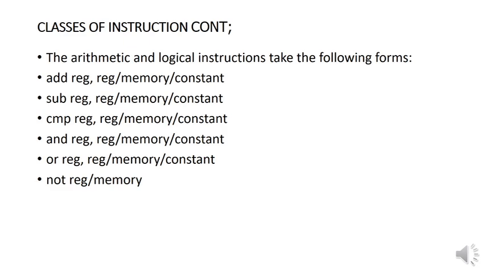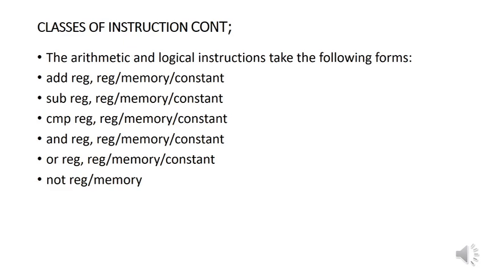The AND and OR instructions compute the corresponding bitwise logical operation on the two operands and store the result into the first operand. The NOT instruction inverts the bits in the single memory or register operand.